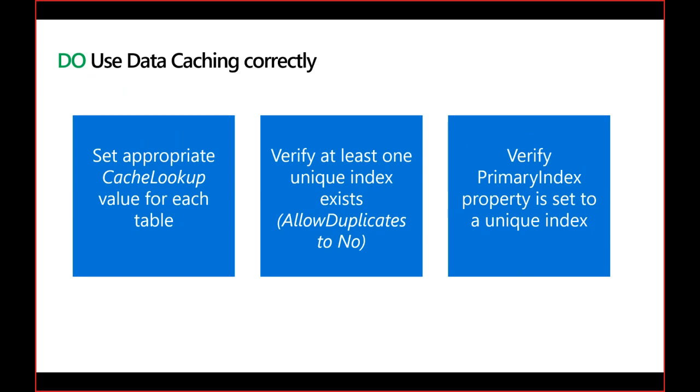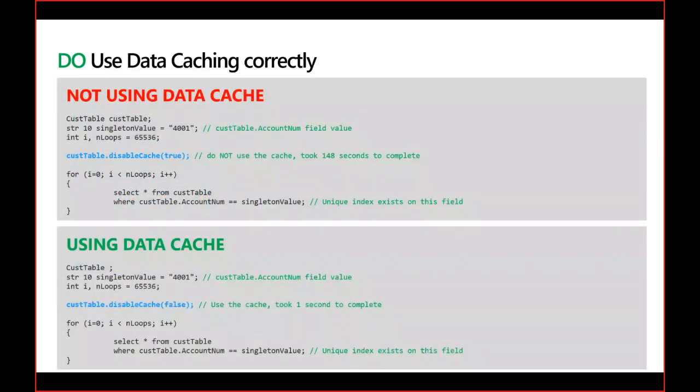The next thing, after you set up the cache lookup property, you have to verify that at least one unique index exists, so one index with allow duplicates set to no. And then the primary index property has to be set to one of these unique indexes, or, if there are multiple, at least to one of them. These are some settings that have to be done correctly at the development level in order for the caching to be used correctly.